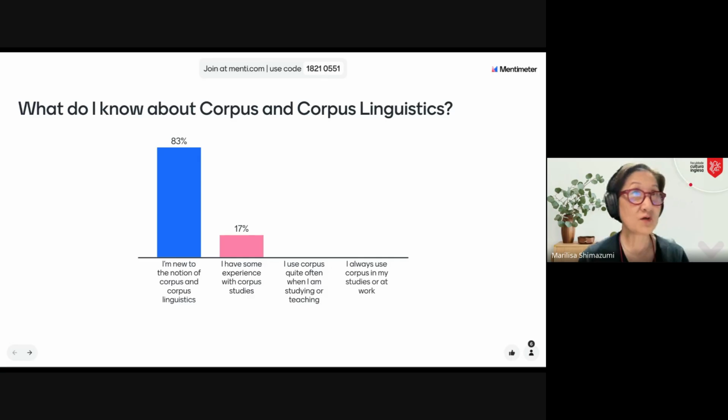So you have 4 possible options here. I'm new to the notion of corpus and corpus linguistics. Interesting. I have some experience with corpus studies, and those who work and use corpus quite often and always use corpus in your daily practice. Okay, great.